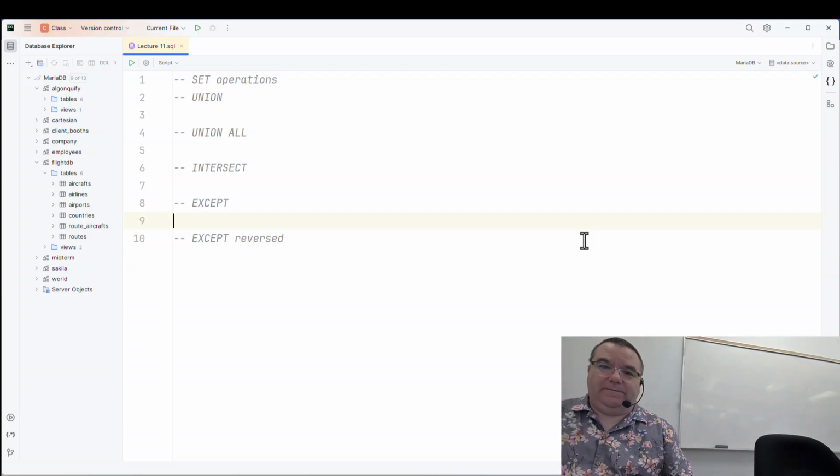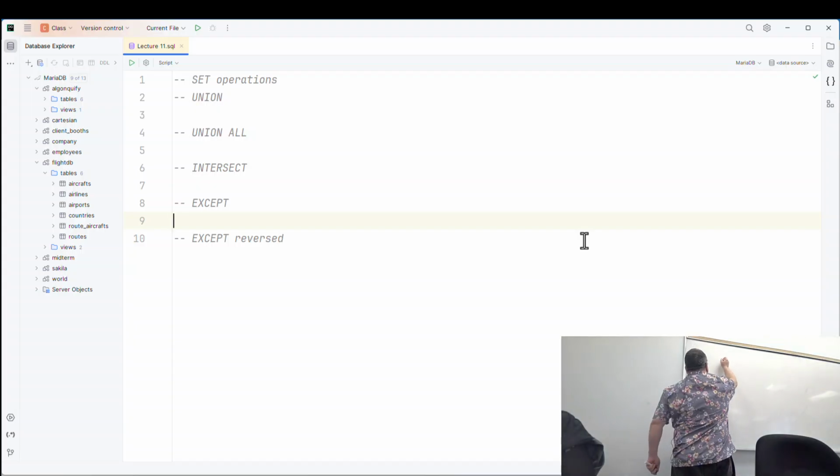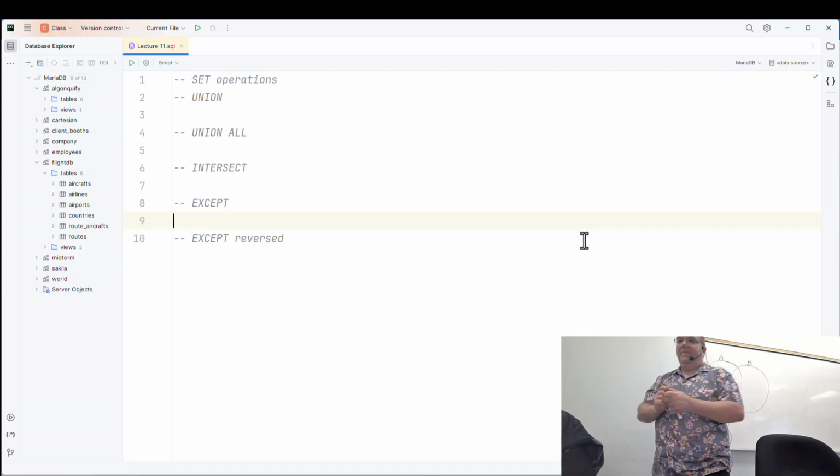So you guys know what a Venn diagram is, right? For the most part, you got two circles. Yeah. So maybe they didn't call it sets. Maybe they just called it Venn diagrams, right? So you got set A and set B.